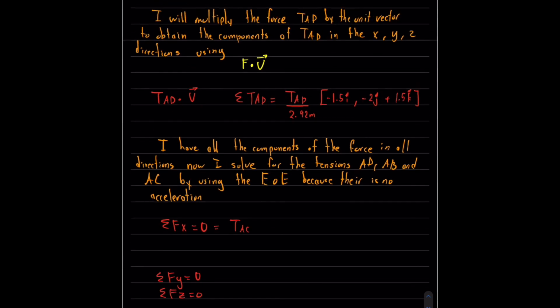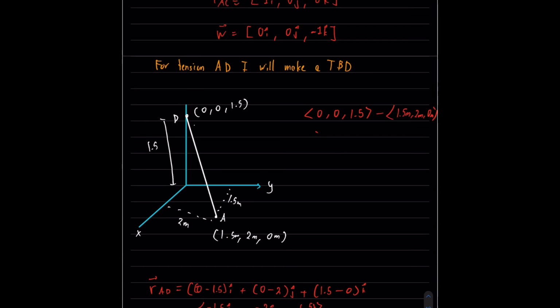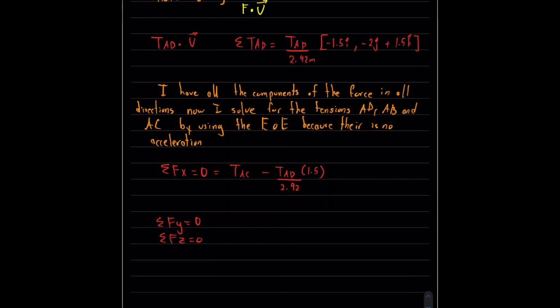Same as, we have tension AD over 2.92 times 1.5. By the way, this is negative because of the negative here, and also because it's in the negative X direction. And that's going to be equal to 0.